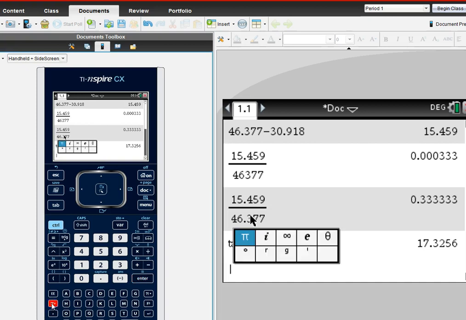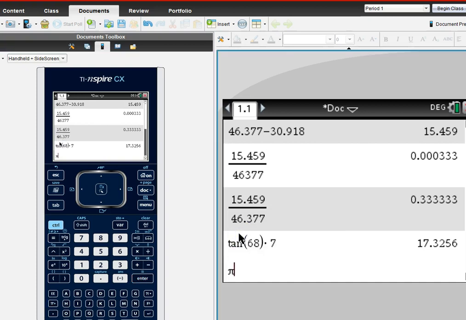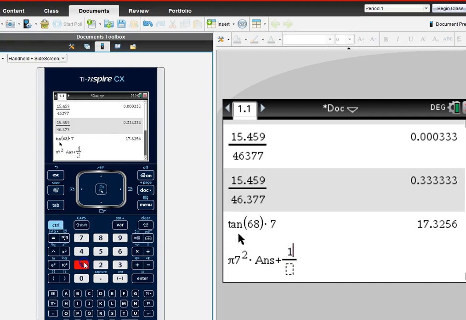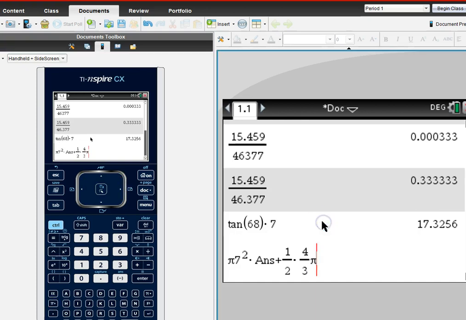Pi times 7 squared times the previous answer, plus 1/2 times 4/3 times pi times 7 to the 3rd power.